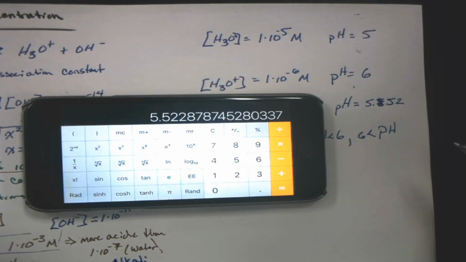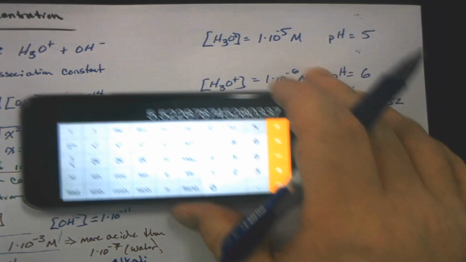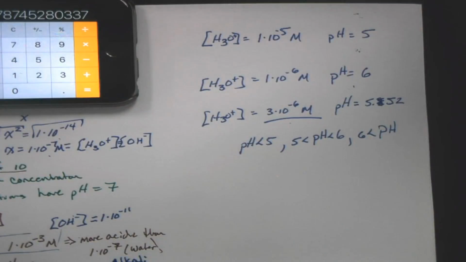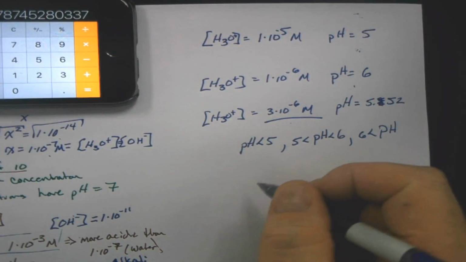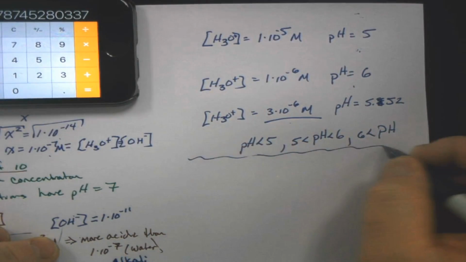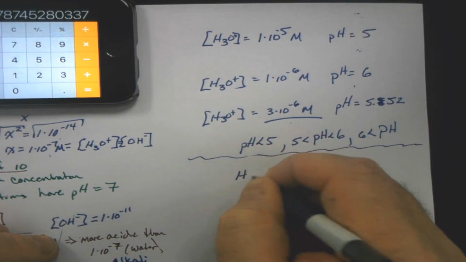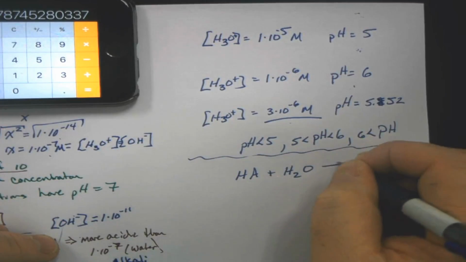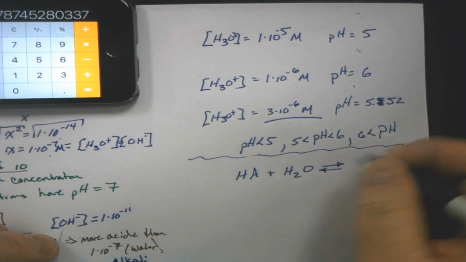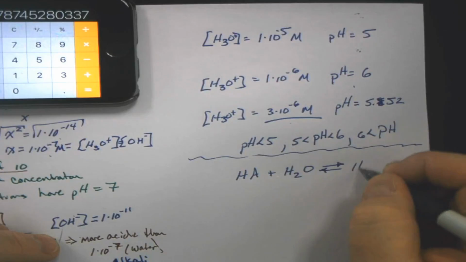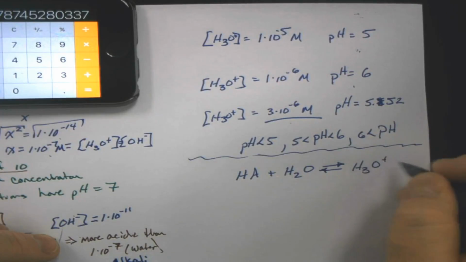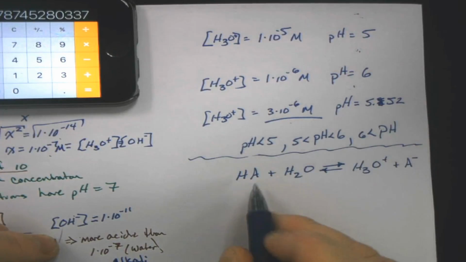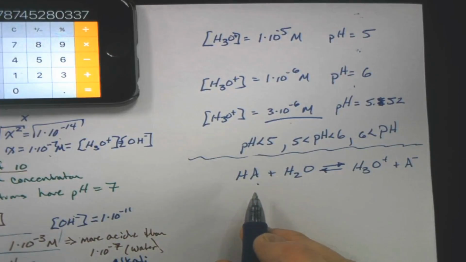Cool on that? Okay. Last thing we need to cover is go back to our Ka for a minute. Frequently, when we're talking about an acid in general, we can use this A as the conjugate base.